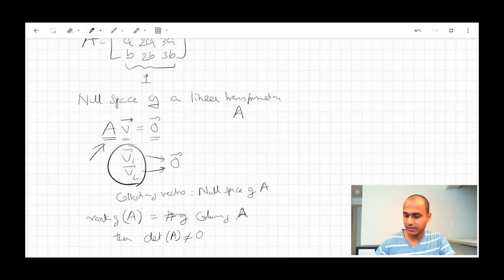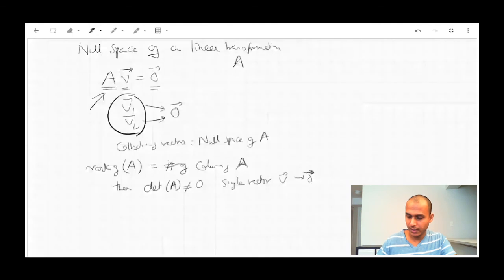Then there will be actually a single vector, the 0 vector, which will map to 0. Sorry, it need not be this case.